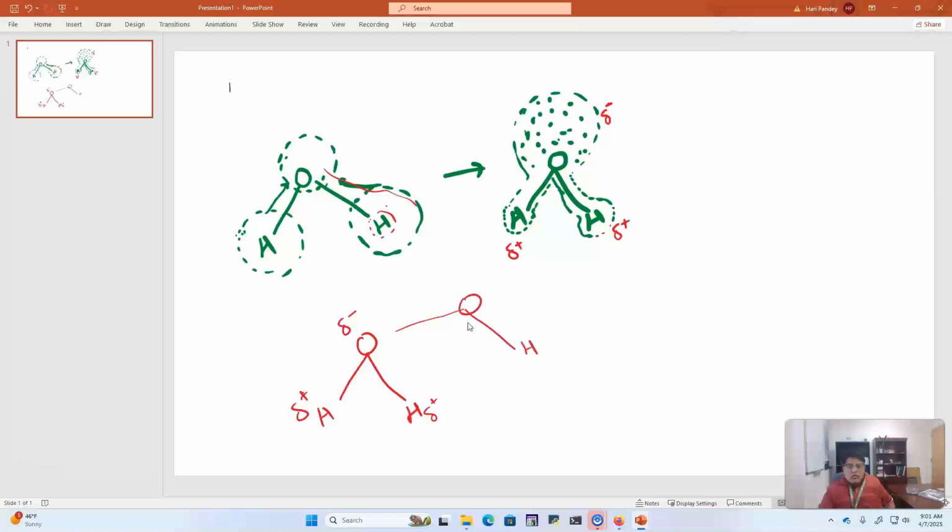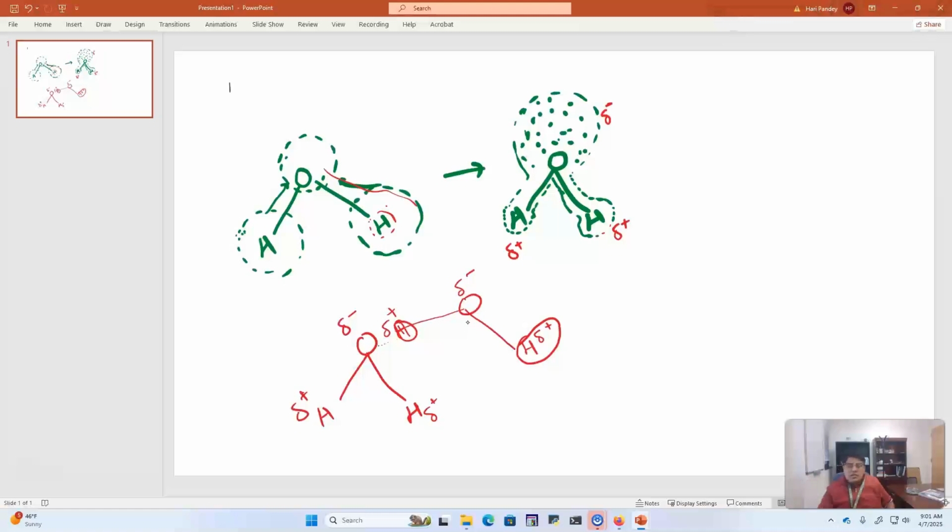Hydrogen, oxygen with delta minus, and hydrogen with delta plus. This hydrogen is delta plus, and this is the hydrogen delta plus of another water molecule. Positive always attracts negative, so there is attraction between oxygen's partial charge and hydrogen's partial charge.